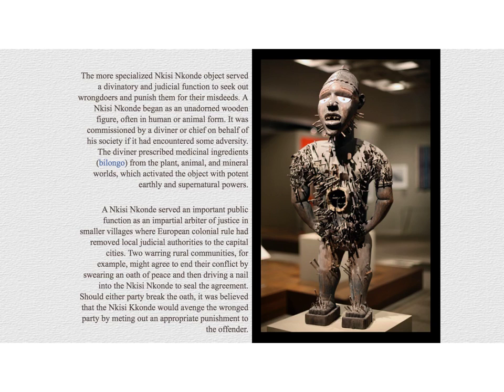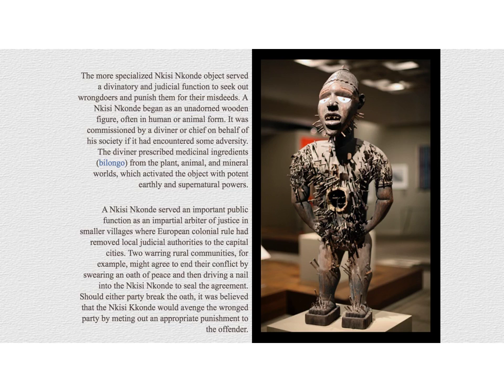The way this is made, it begins as a wooden figure without all these different things on it. It would be commissioned by a diviner or a chief if there was some sort of issue going on. The diviner would then prescribe different medicines or ingredients. These different medicines or ingredients that they put into the power figure are called bilongo.